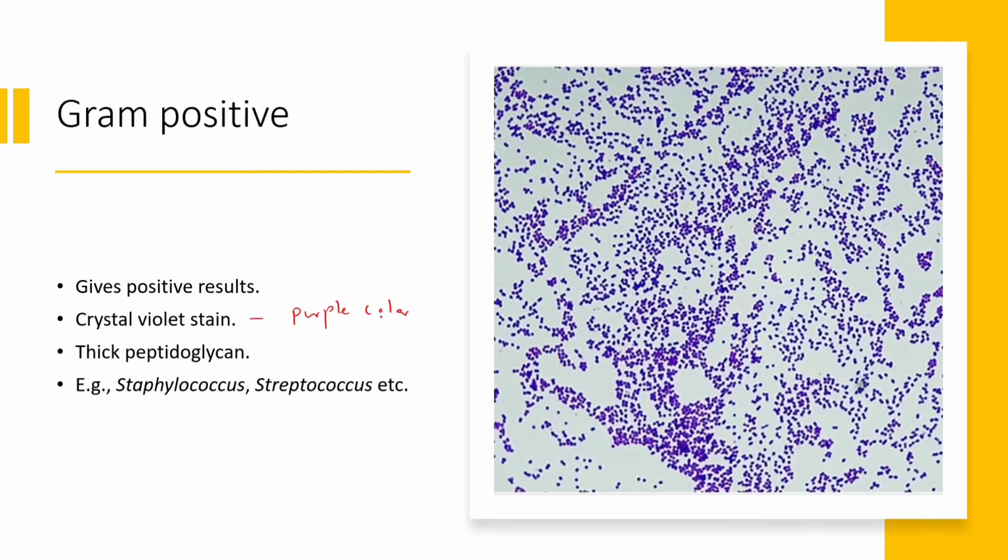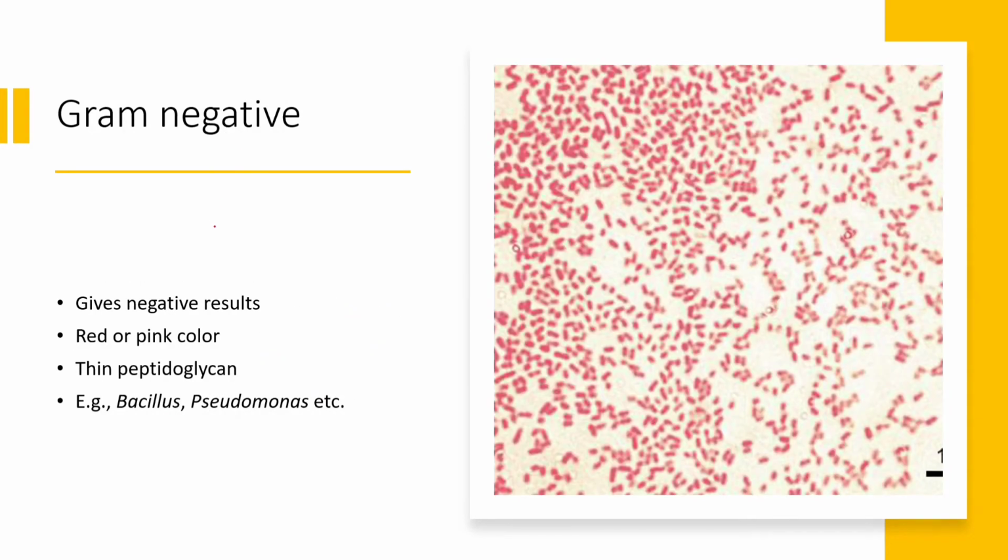Gram positive bacteria take up the crystal violet stain in the gram staining test, and as a result appear purple in color. This is because of thick peptidoglycan, the cell wall layer of bacteria, that retains the stain after it is washed away from the sample, like in the decolorization stage in which we use the alcohol. The examples are staphylococcus and streptococcus.